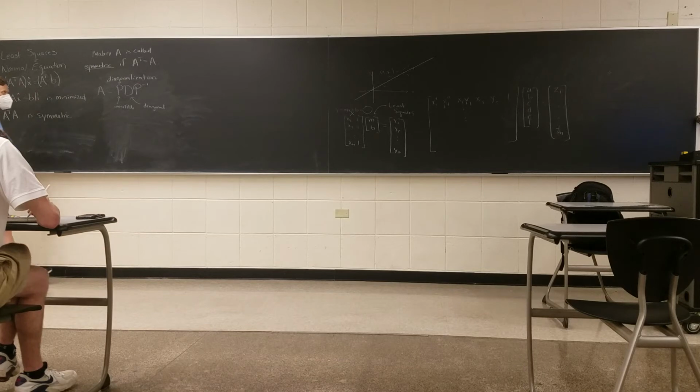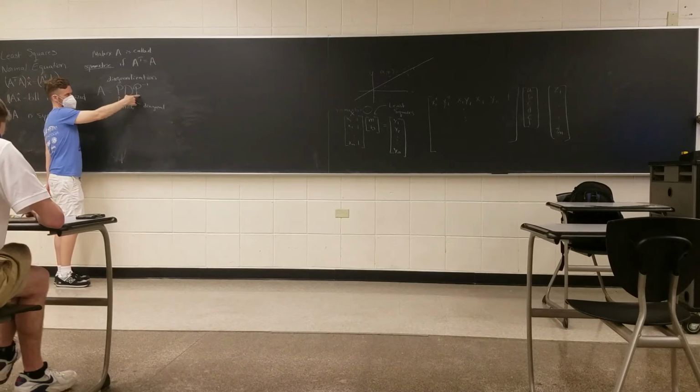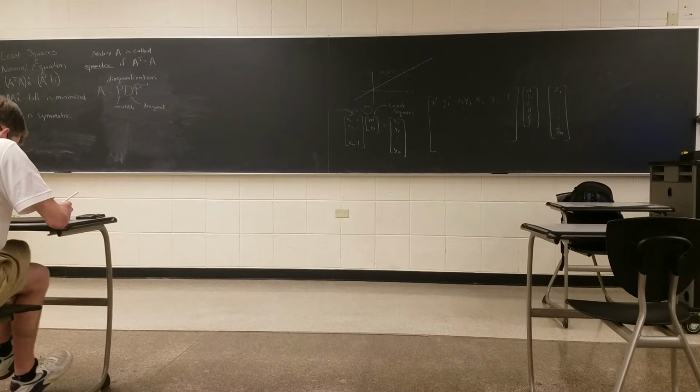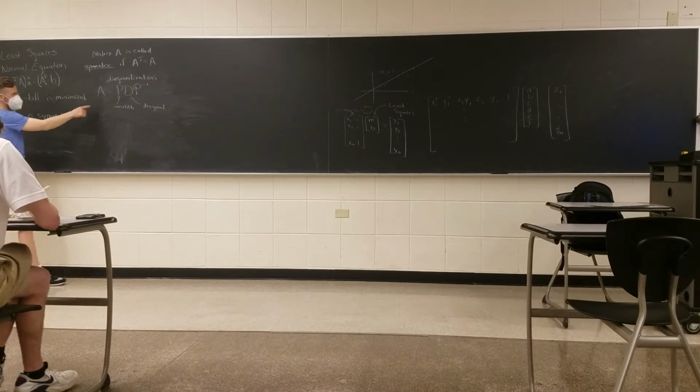So it only has things on its diagonal, everything else is zero. And of course, P has to be invertible because we take its inverse. So this is a similarity transformation, and it says that A is similar to D.